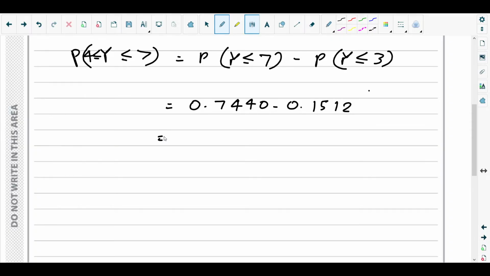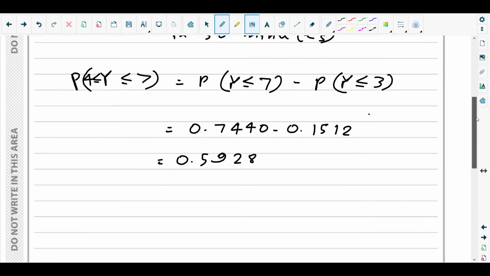So 0.7440 minus 0.1512 is 0.5928. Use the exact value, since this is not the final answer.